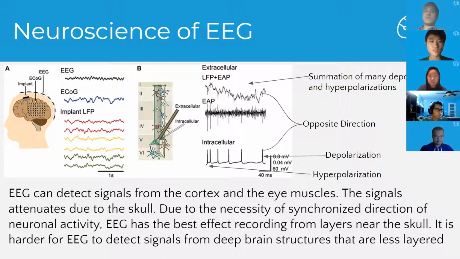we can see the techniques scientists use the most are ECoG and EEG. Those two are actually very similar. ECoG is basically an EEG that is sitting inside of the skull.